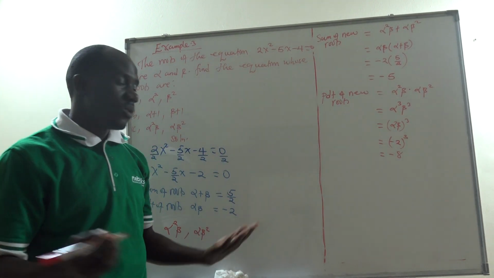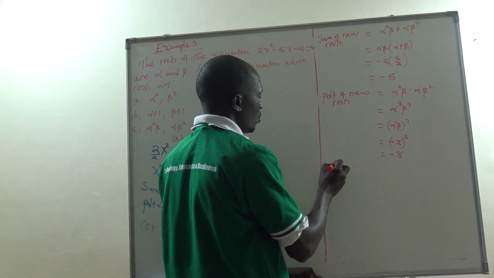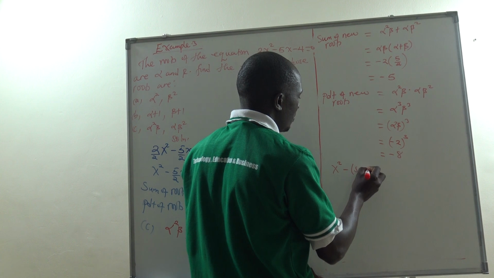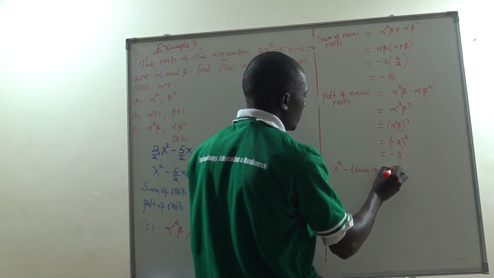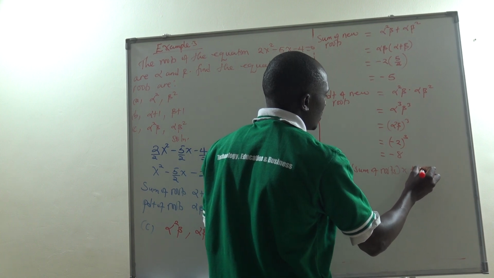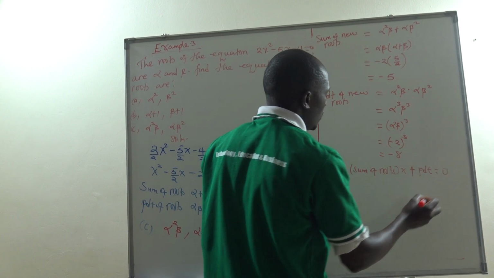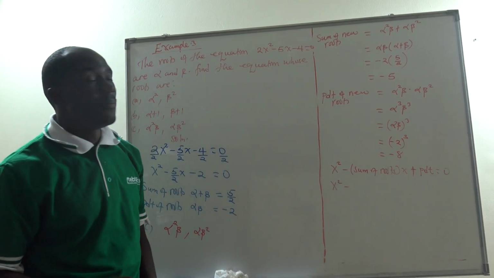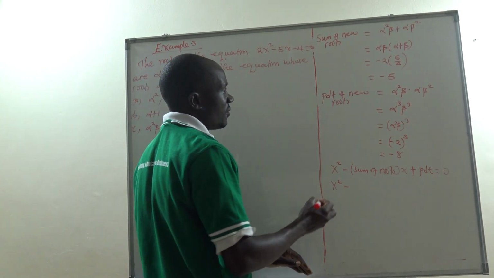Then from there, we are going to apply it. It's going to be x squared minus sum of roots x plus product equals 0. So we get x squared minus, do we know the sum? The sum is already negative 5.